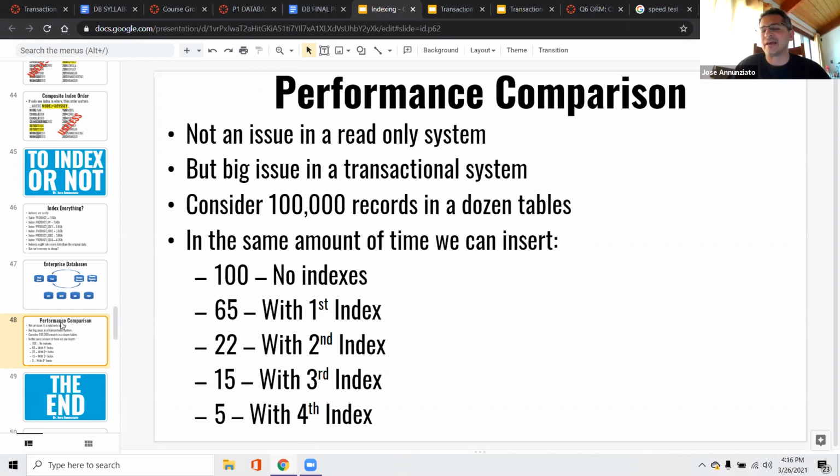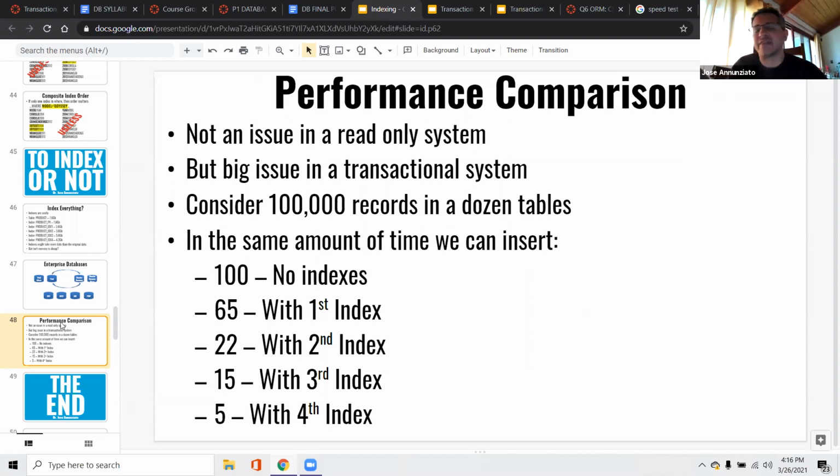Indices are probably not doing much good for you. Also, if you have a lot of writing to the database, where you're inserting or updating the data constantly, then probably indices might work against you.